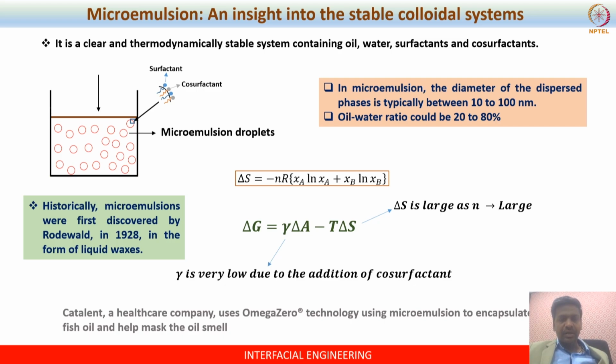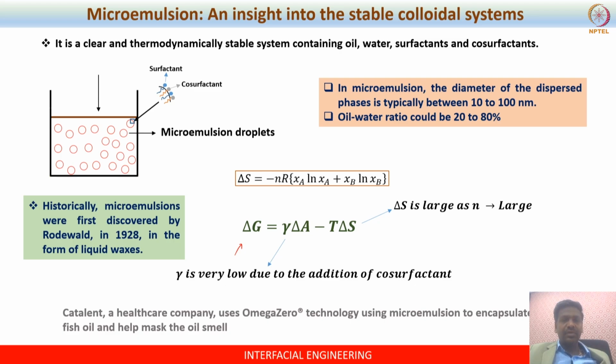If you look at the equation over here, we know that the change in Gibbs free energy is nothing but a contribution from the enthalpic as well as the entropic contribution. In this case, the interfacial tension is very, very low, or you can also say the interfacial tension is negligible.